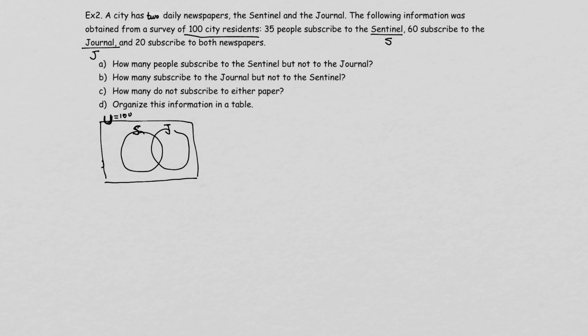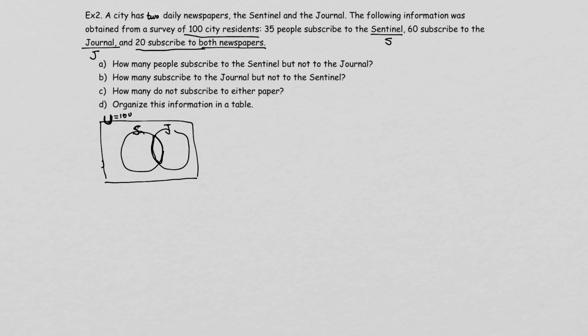So remember, when we're building the Venn diagram, we start from inside. So what's the inside? Here, the intersection of those 2. The intersection of those 2 says that 20 subscribe to both newspapers.